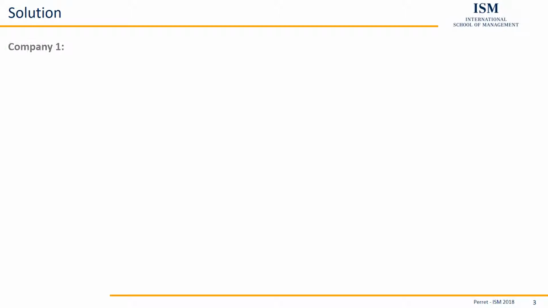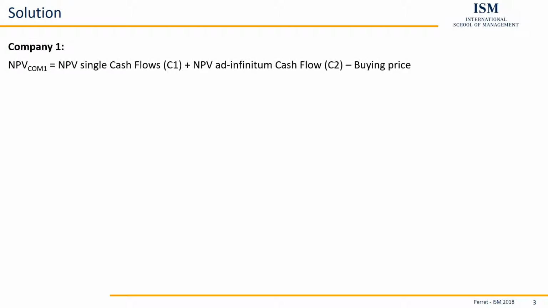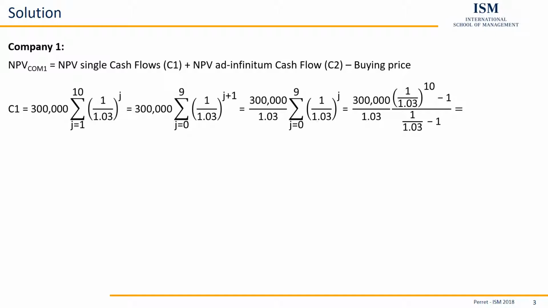Starting with the first company, I have, as I just mentioned, first the net present value for the single cash flows, then the net present value for the ad infinitum cash flows, then minus the buying price. So let's start with the single cash flows.